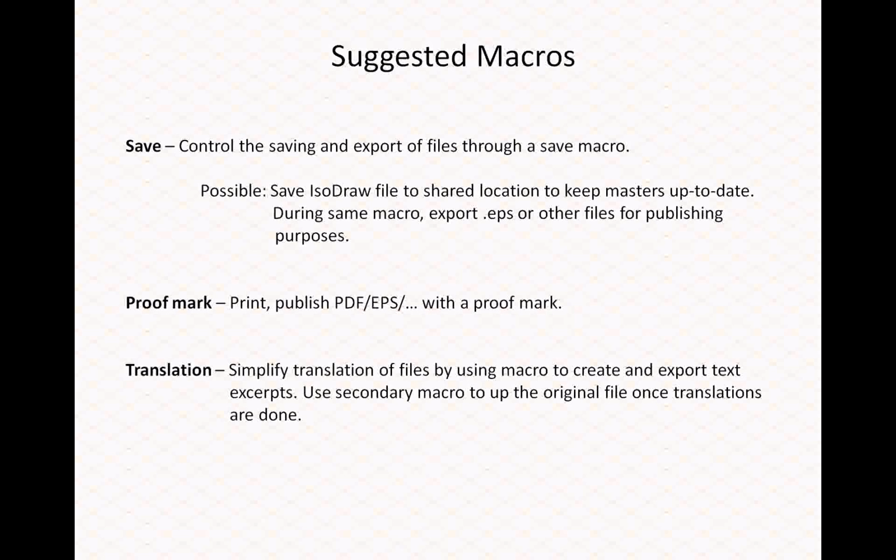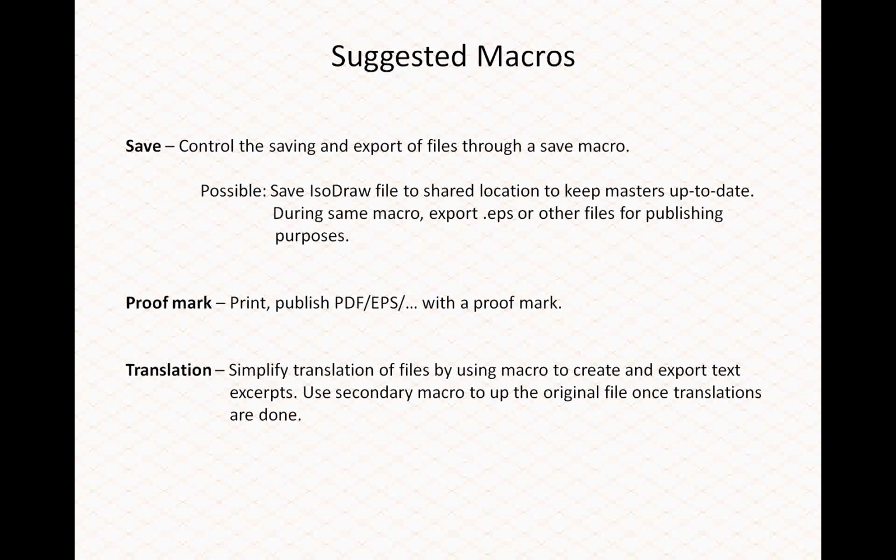Another one that's saved quite a bit of time is our translations. When an illustrator is working in an art file, they create an art layer and an English layer. That's all they do. When it goes to our translation group, they run a macro for whatever languages they want. There's a separate macro for each one.